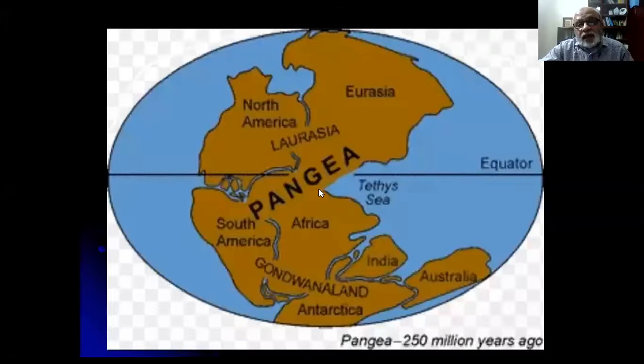And the crust of the continents is different from the crust of the oceans. The crustal composition lying under the ocean is different from that of the continents.